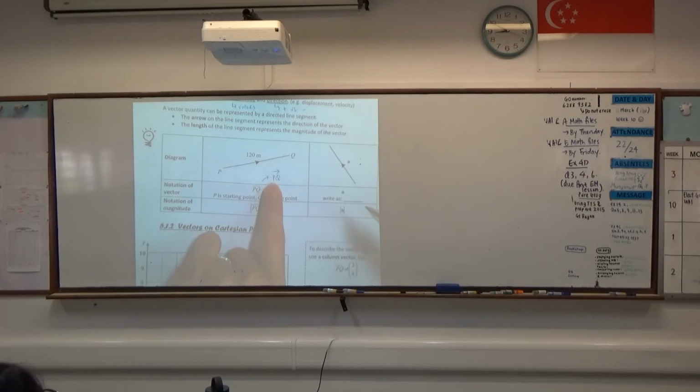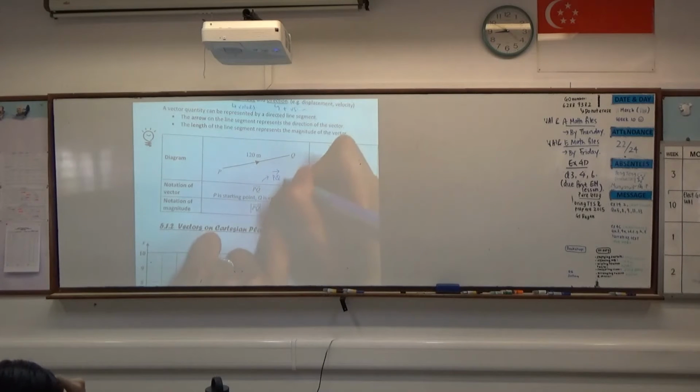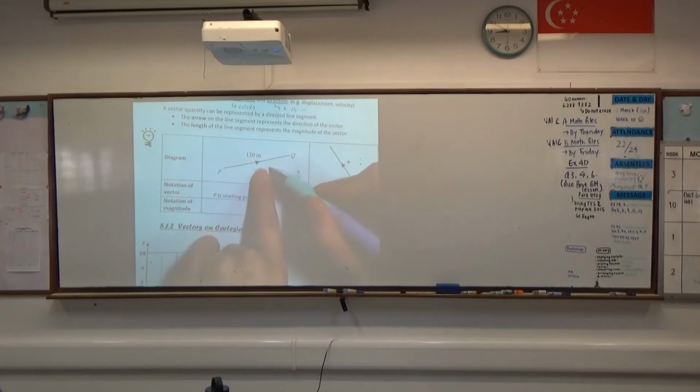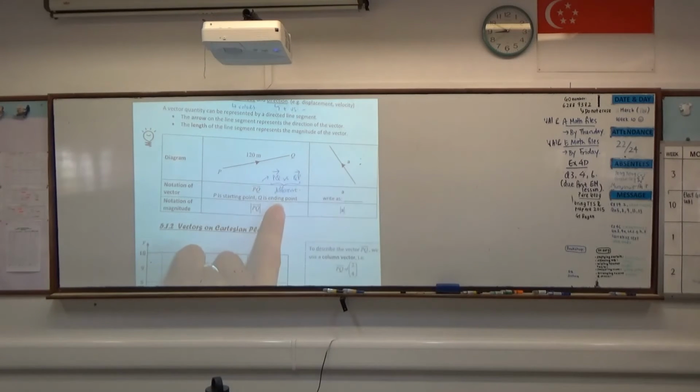There is a difference in writing PQ versus QP. In QP, Q is the starting point, P is the ending point. So that will affect the direction of our arrow. They are actually different. In a moment I will be talking about that also.